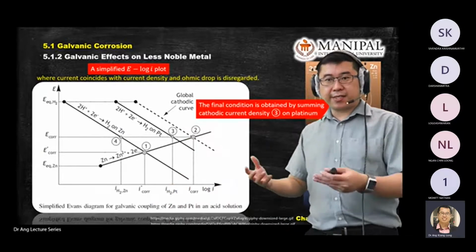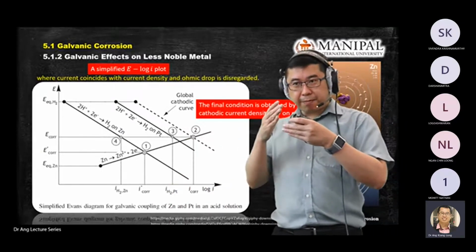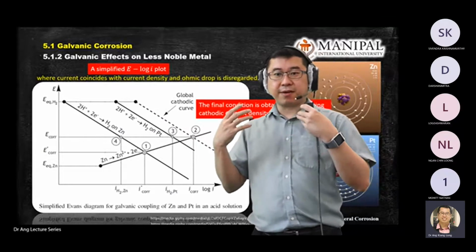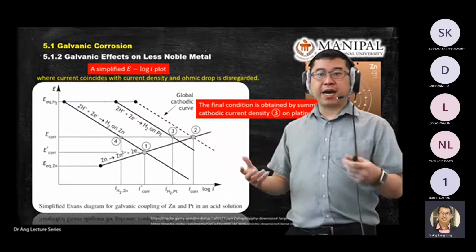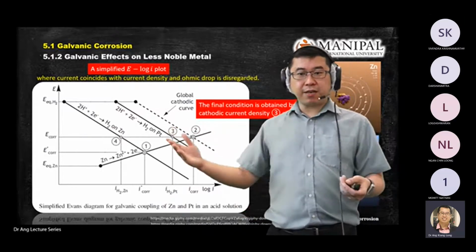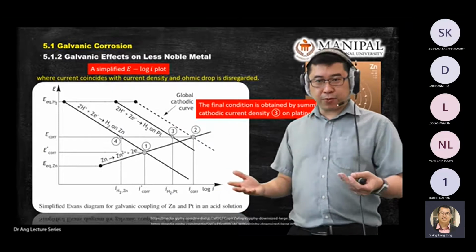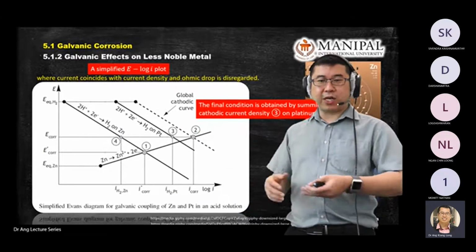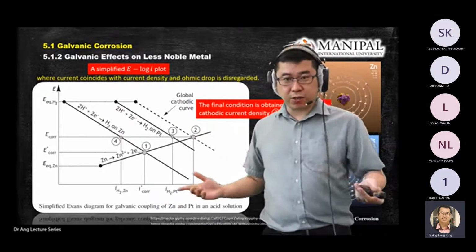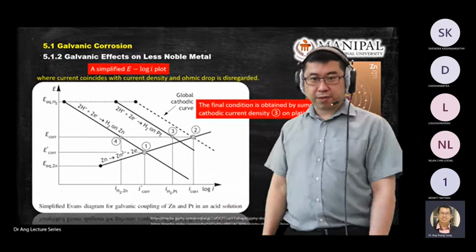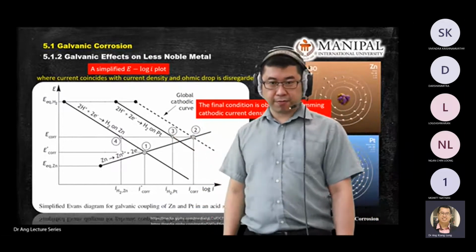So in the exam, I will give you some values for two metals in an acidic solution. I ask you to construct an E versus log I graph and label the following points accordingly: A, B, C, D, E, and so on, on the graph. So these are the points that you should label inside your graph.